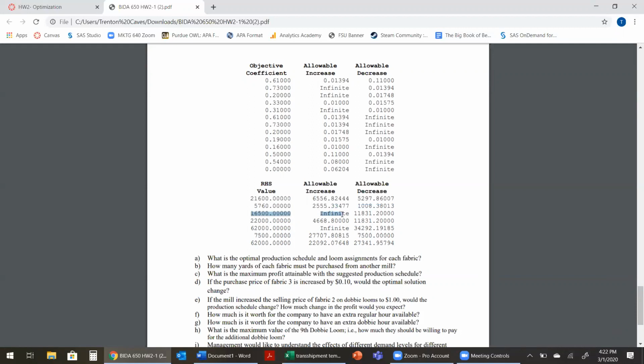That tells us that our demand for fabric 1 can increase, no matter how much the demand increases, our feasible solution will never change. But if it decreases by 11,831 or more than 11,831, then our optimal solution changes.